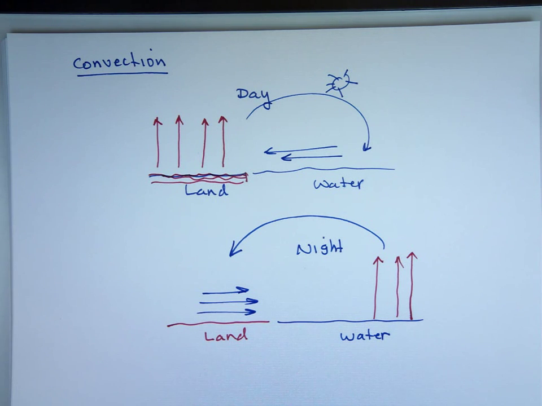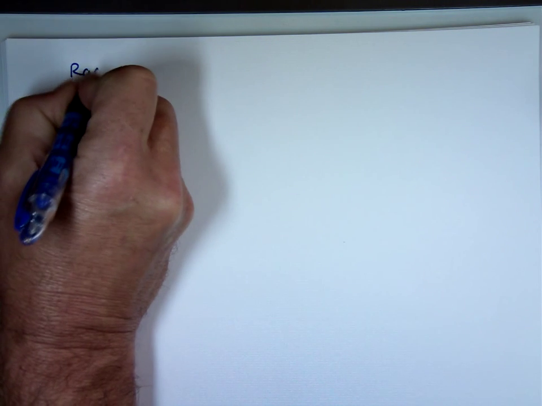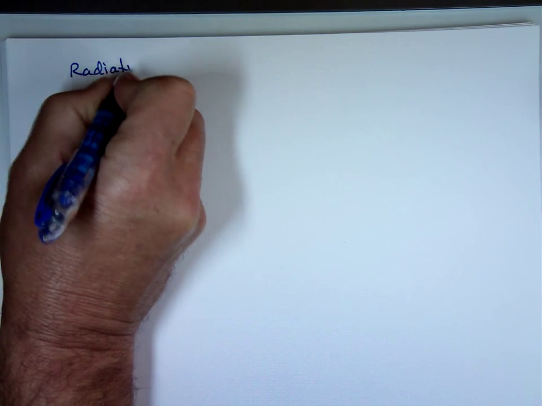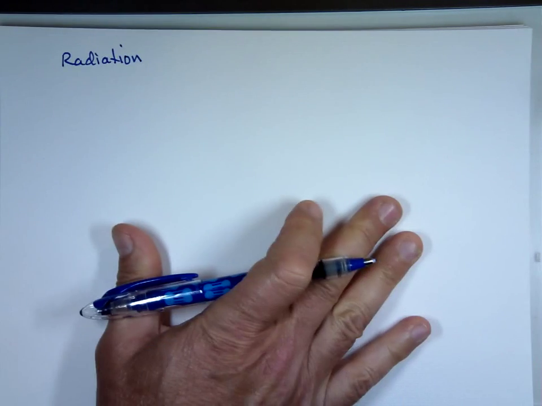And the last one is radiation. The last form of heat transfer is radiation. I don't have any equations for the other one. For radiation, there is one, but I'm not even going to put it there.